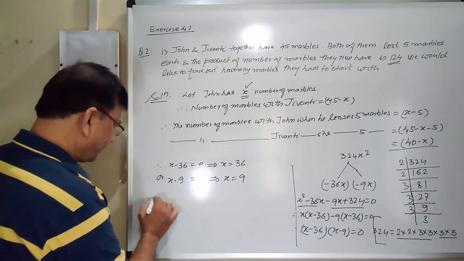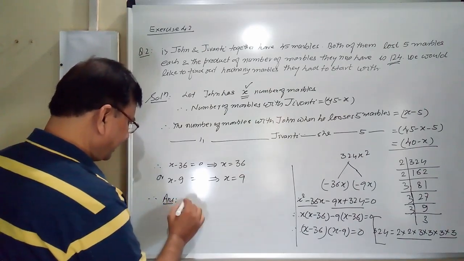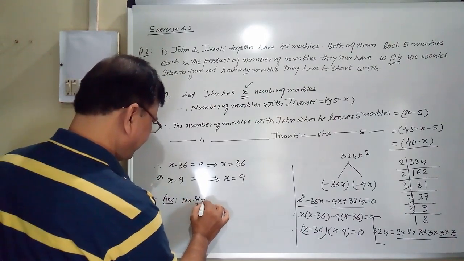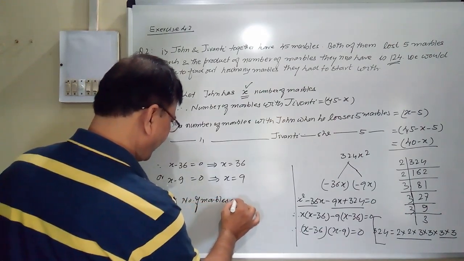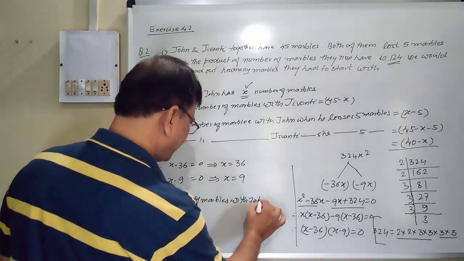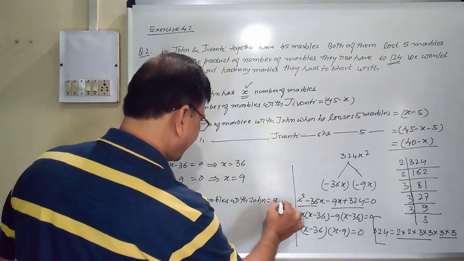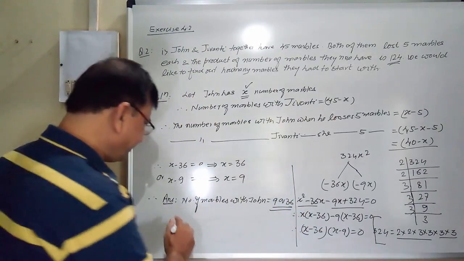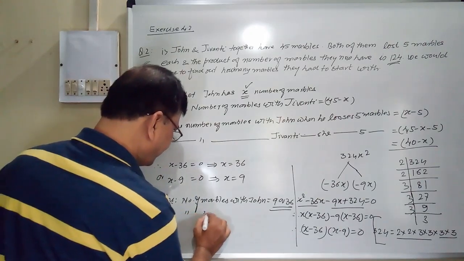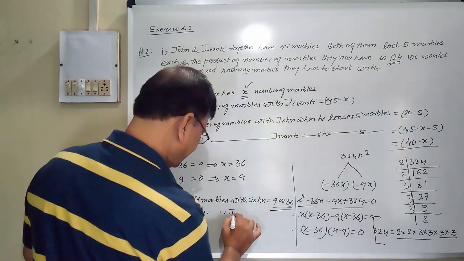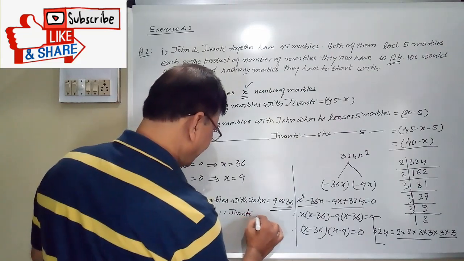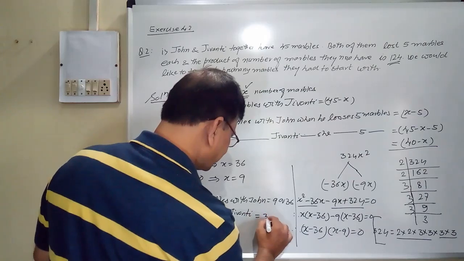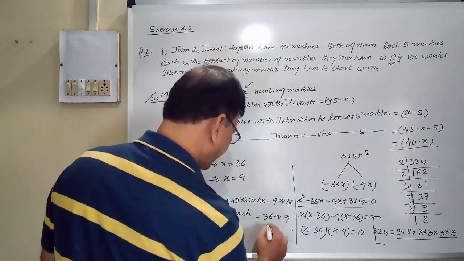36. Therefore, the answer will be the number of marbles with John is equal to 9 or 36, and accordingly the number of marbles with Jivanti is equal to, if it is 9, then it is 36 or 9 accordingly.